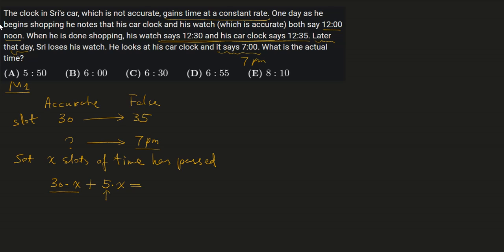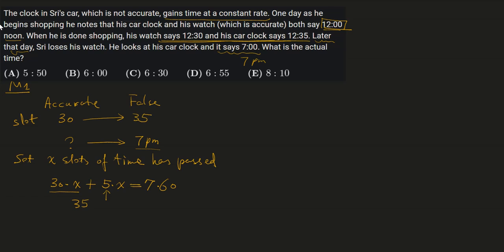But 7 p.m. is not the correct way to put it here. We shall convert it to the number of minutes. So 7 p.m. is equivalent to 7 times 60 minutes, right? Because we start our counting from 12 noon. That's our common starting time. Good. Then let's solve this equation.